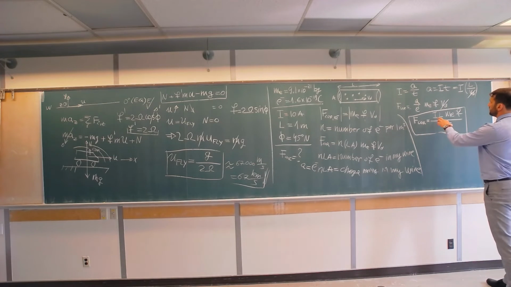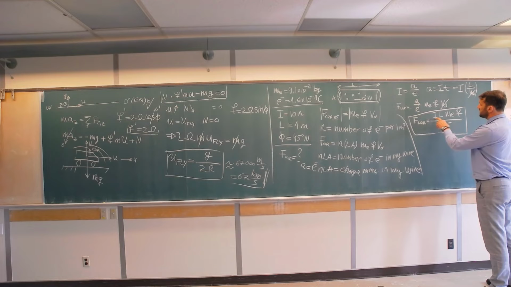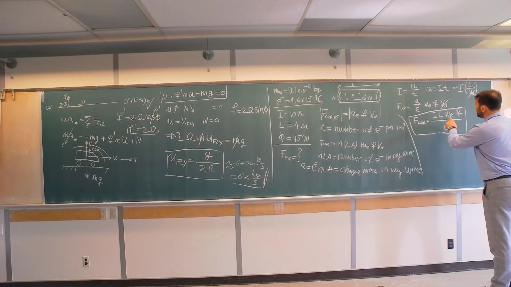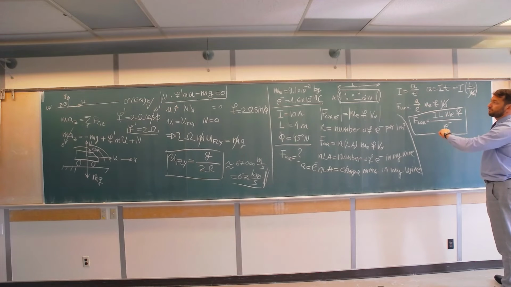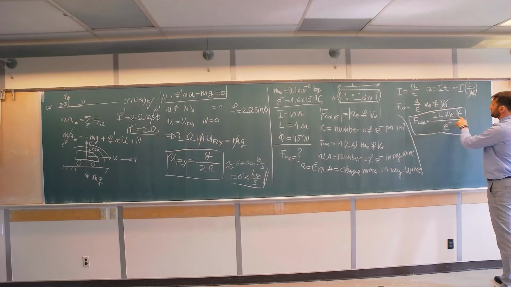So if you plug in numbers over here, so 10 amps times 1 meter times 9.1 times 10 to the power negative 31 kilograms.